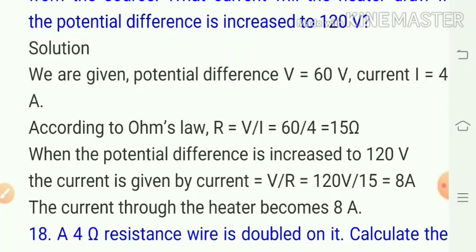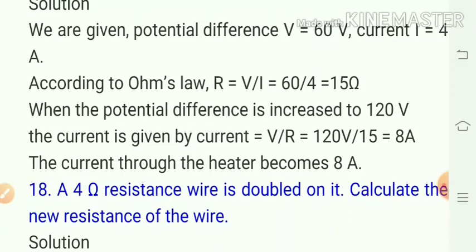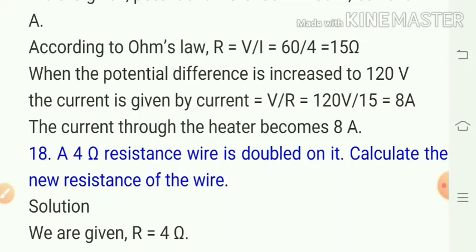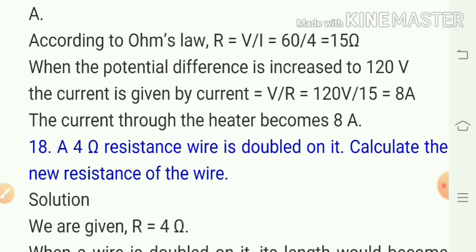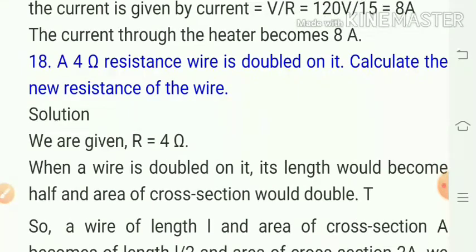According to Ohm's law, R is equal to V upon I, so it becomes 60 by 4, that is 15 ohm. When the potential difference is increased to 120 volt, the current is given by the formula V by R, that is 120 divided by 15, and it becomes equal to 8 ampere. So, the current through the heater becomes 8 ampere when the potential difference is increased to 120 volt.